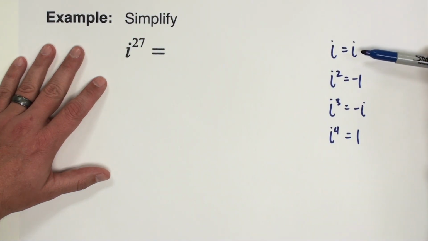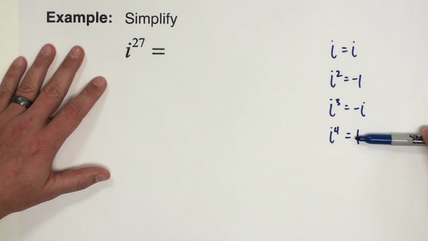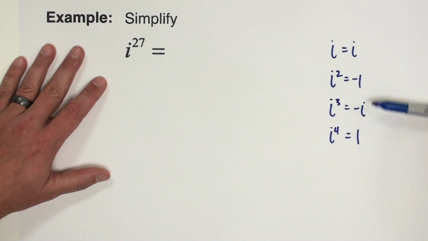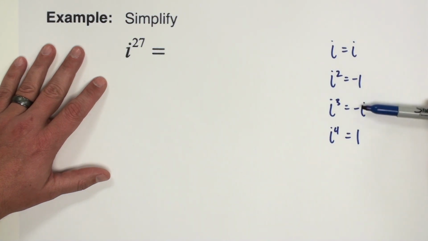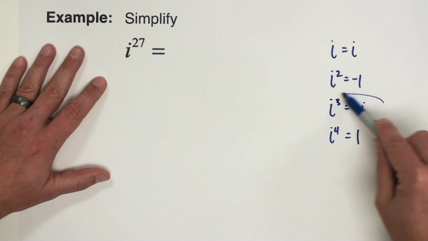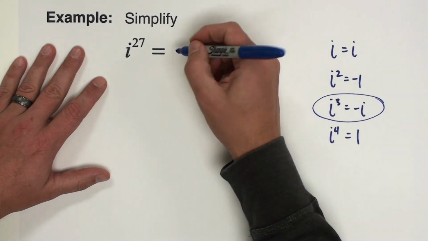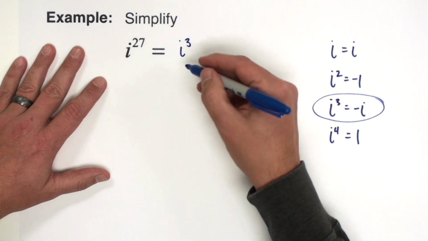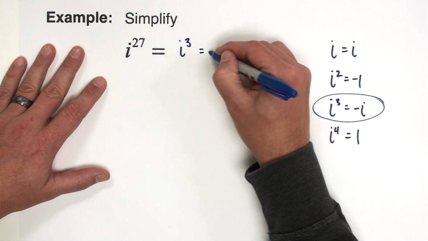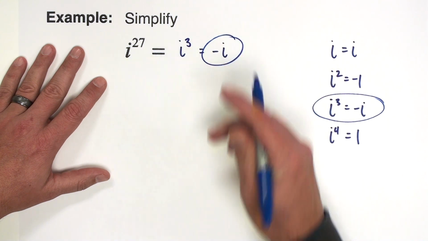I could go 1, 2, 3, 4, and the powers repeat, 5, 6, 7, 8, 9, 10, 11, 12, 13, 14, 15, 16, and so on up to 24, 25, 26, 27. So i to the 27th power is the same as i to the 3rd power, which is negative i.